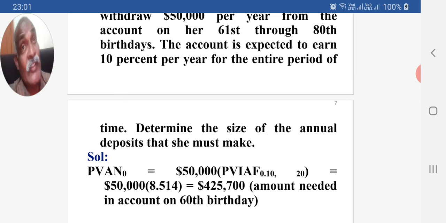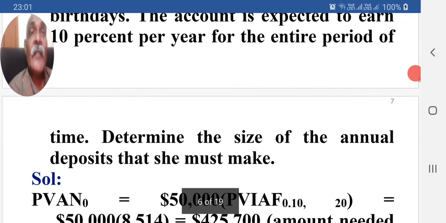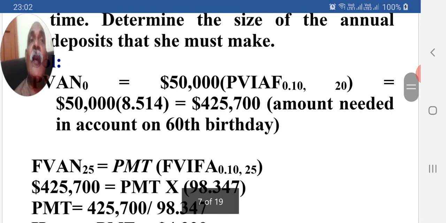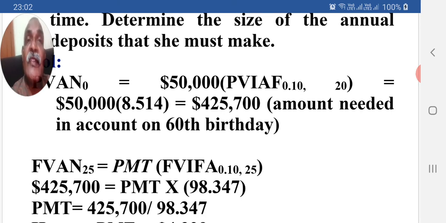Because 50,000 you are getting every year. The rate is 10% and the period is specified. So you should calculate the present value. Present value of the annuity is equal to payment 50,000 multiplied by the present value interest factor annuity, I 10 and N 20. When you look it up, the factor will be 8.514.